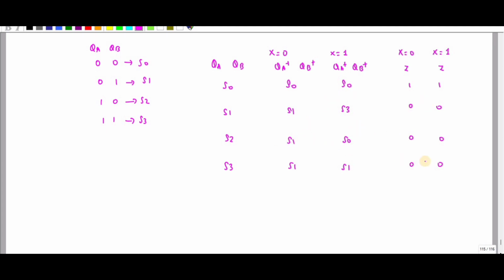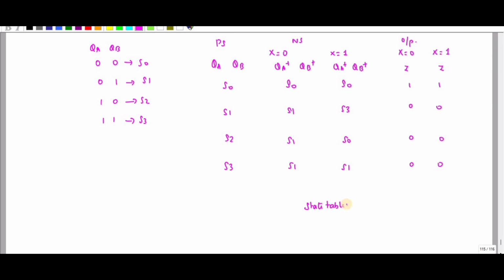Nothing is the same. Though the outputs are the same, the next state values are not. This is your present state, next state, and output.